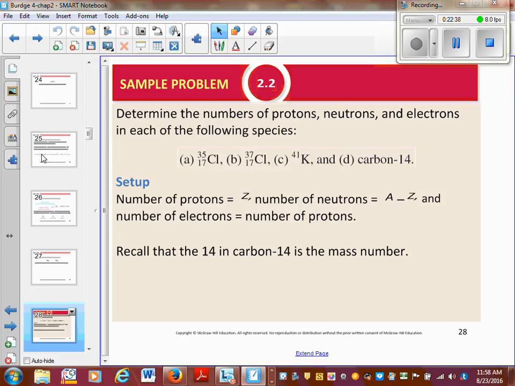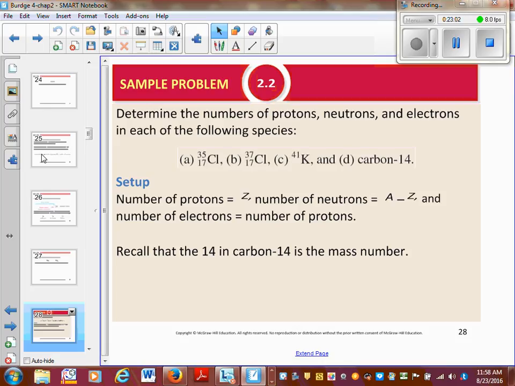Okay, so if you look up potassium, how many protons? 19. Look up K in your book. All right, so if it's got 19 protons, how many neutrons does it have? 22.